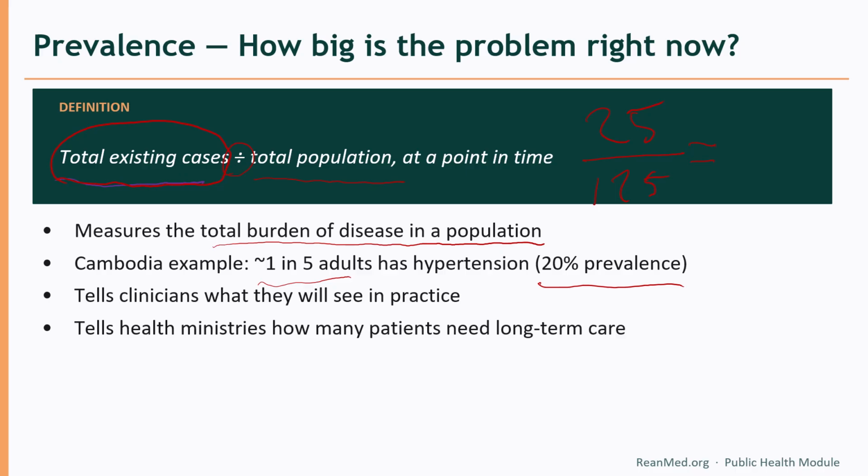So you do the math, and you take 25 and divide it by 125. And that equals 0.2, which is 20%. Does that make sense? To go from 0.2 into a percent, you have to multiply by 100. Multiply by 100. And that makes it into a percent.